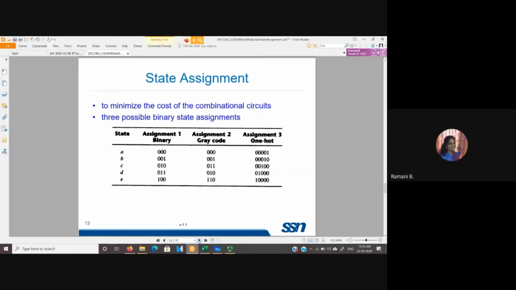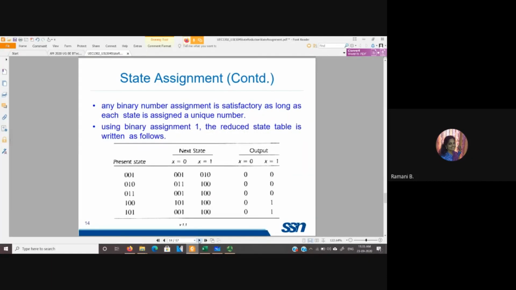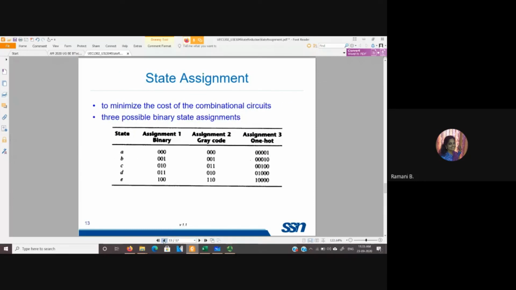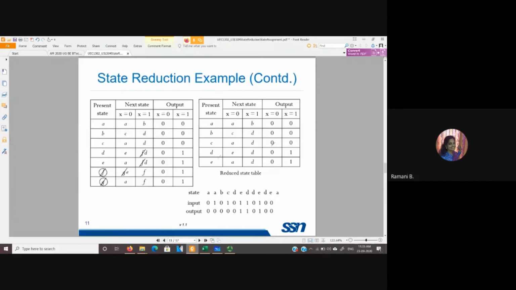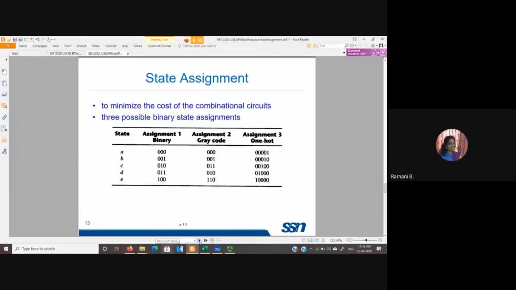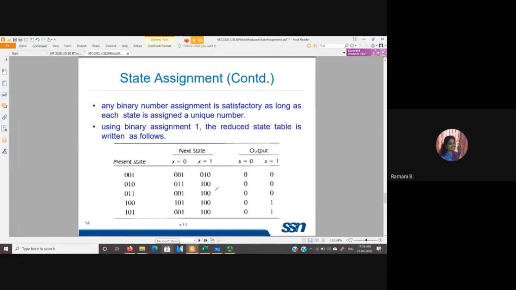So that is about this state assignment. This table actually shows the state assignment for the reduced state table we saw, right? That is given with the corresponding values, so you can see that.